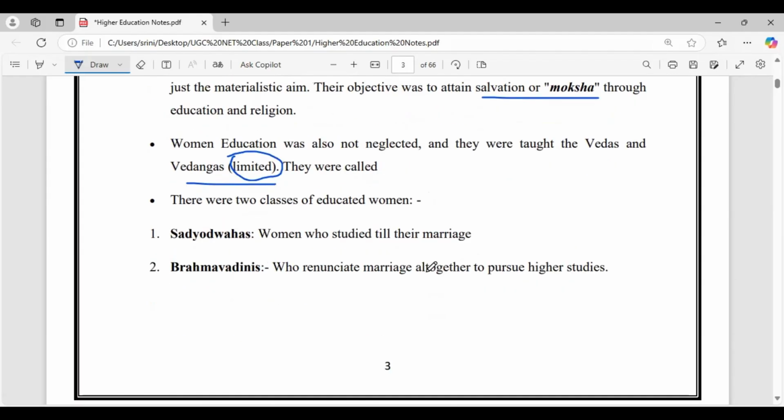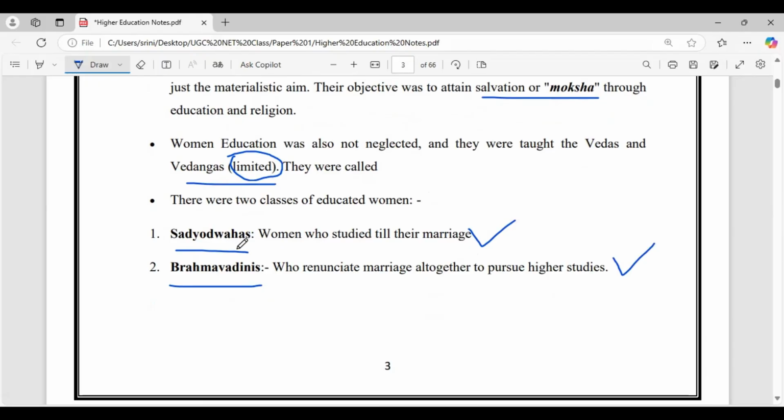They were called two kinds: Sadyodvahas, women who studied till their marriage, and Brahmavadinis, who renounce marriage altogether and pursue higher study. So, two classes.